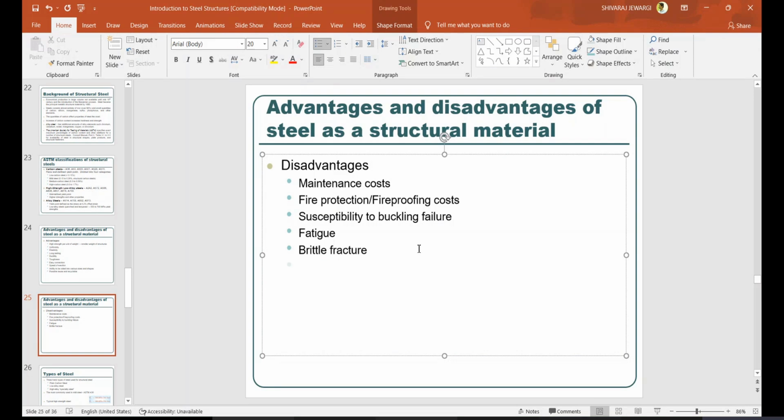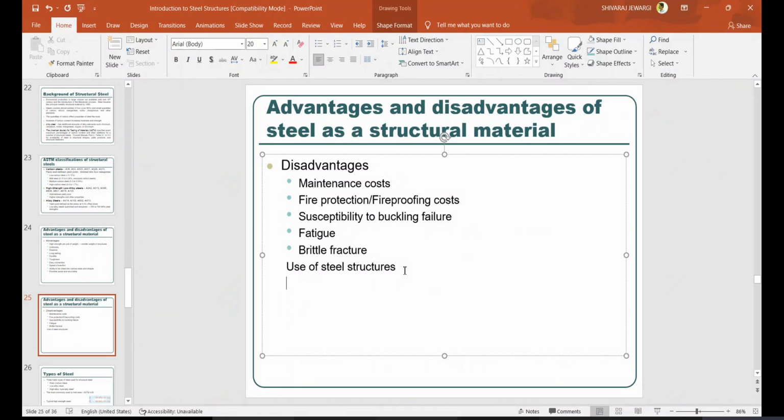Okay. Next, coming to the use of steel structures, as I said just now, where we can use steel structures. Can anyone please tell me the uses, the applications of steel structures? Yesterday I discussed.